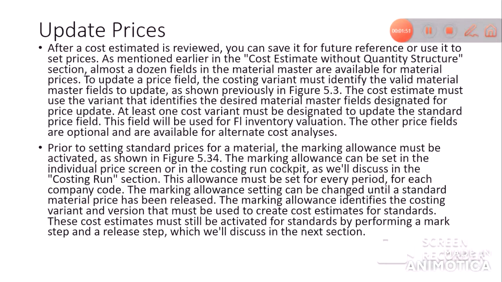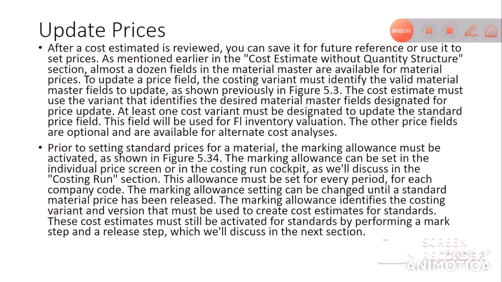The cost estimate must use the variant that identifies the desired material master fields designated for a price update. At least one cost variant must be designated to update the standard price field. This field will be used for FI inventory valuation. The other price fields are optional and are available for alternate cost analysis.